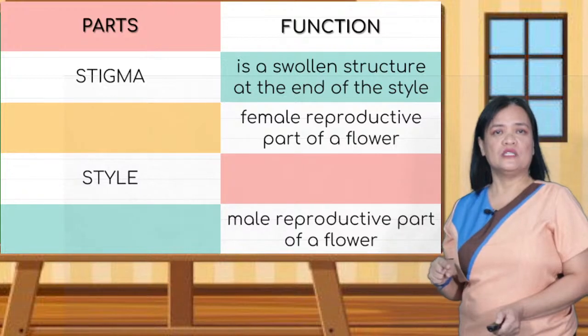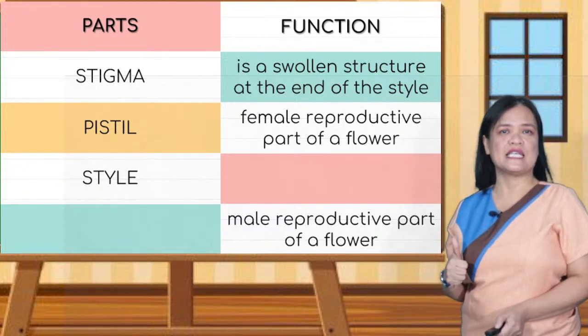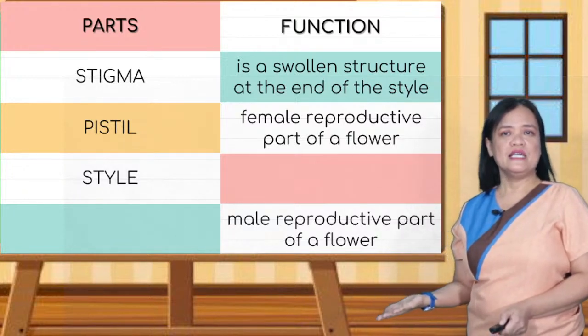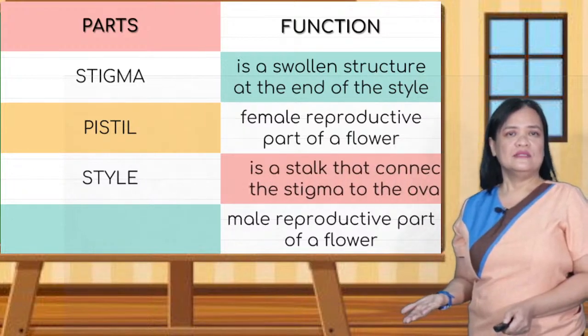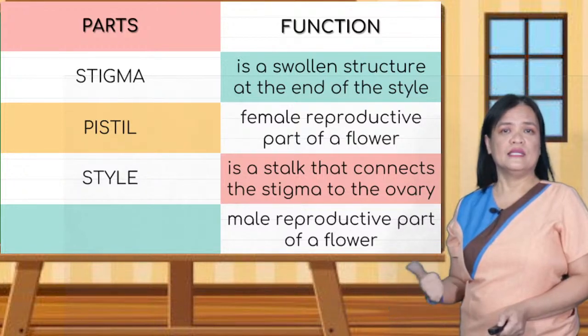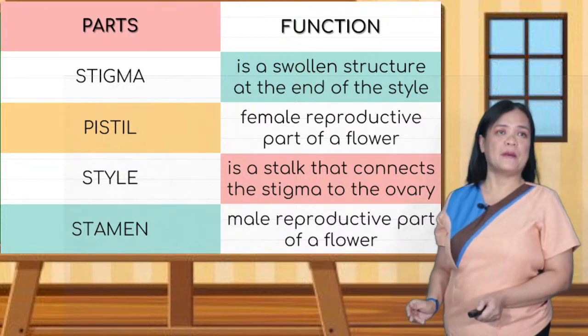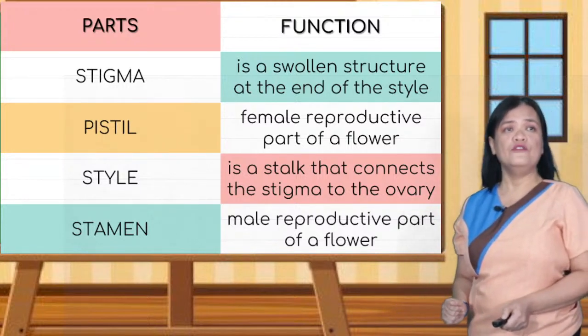The next one, number 2, the female reproductive part of a flower. You're correct. It's pistil. Number 3, style is a stalk that connects the stigma to the ovary. And stamen, okay, male reproductive part of a flower.